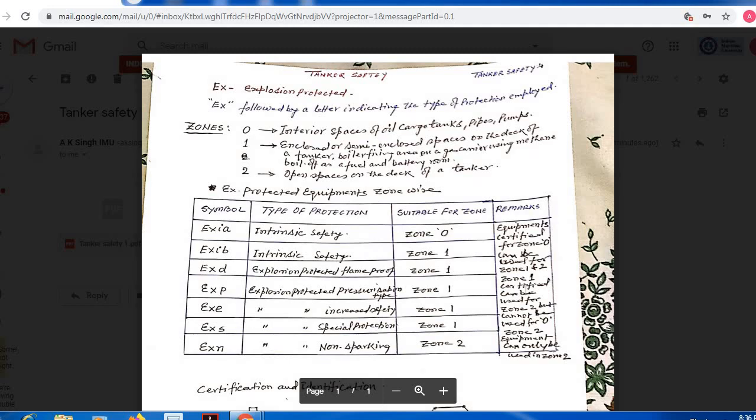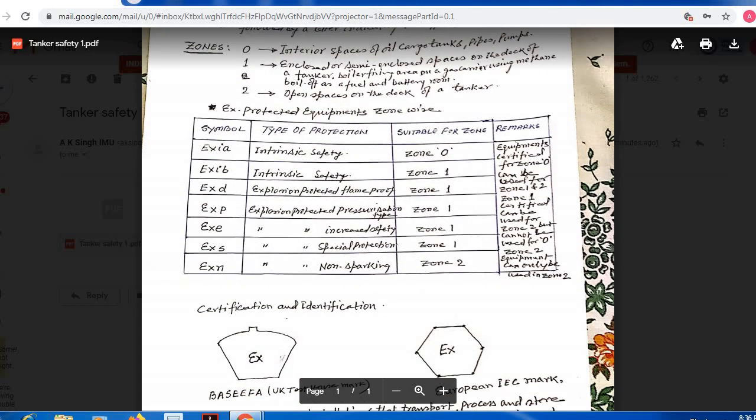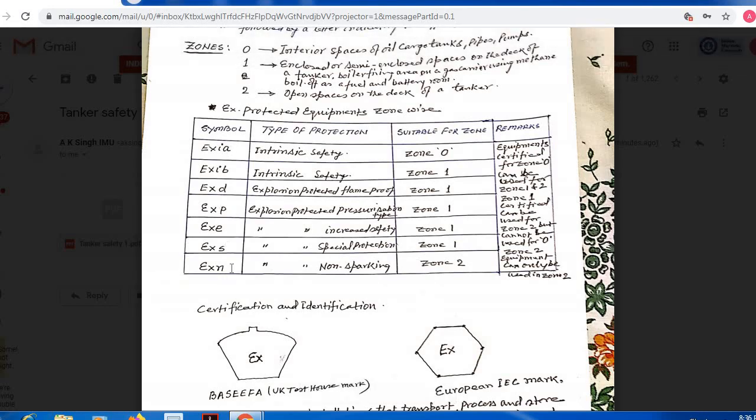Now let us talk about some manufacturers who are manufacturing this EX protected, explosion protected equipment. But what is the guarantee that it is in compliance? If it doesn't comply with the requirement, then even if we are using EX protected equipment, it will not give me protection against explosion.